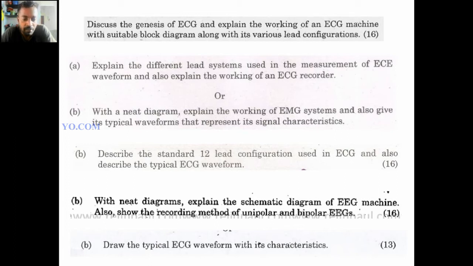Then with neat diagram, explain the schematic diagram of EEG machine, and also show the recording method of unipolar and bipolar EEG. That is electroencephalogram, also from unit 2. Then draw the typical ECG waveform and its characteristics. P wave, Q wave, R wave like that, so you can explain.